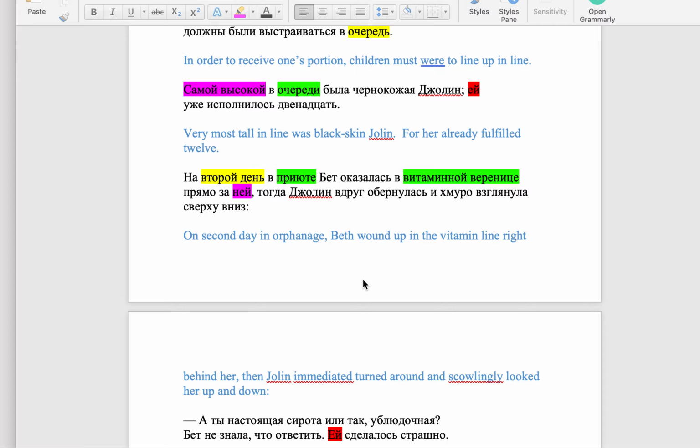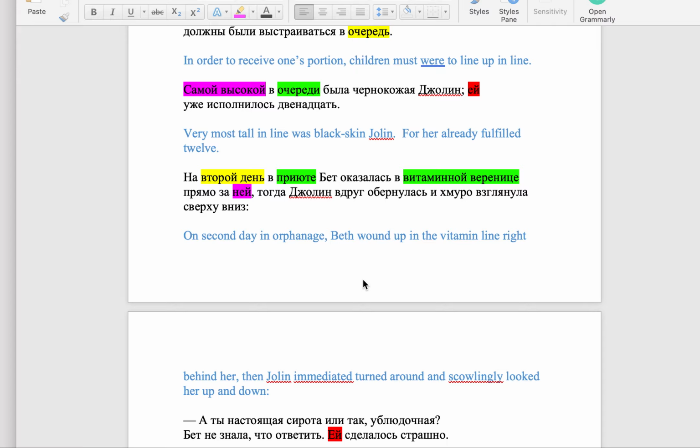So when you say something was or will be some way, very often the instrumental case is being used. So that's why it's in the form that it's in, because it goes with была. So you could say черная кожная Jolene была самой высокой в очереди. And that might be a little clearer that way.